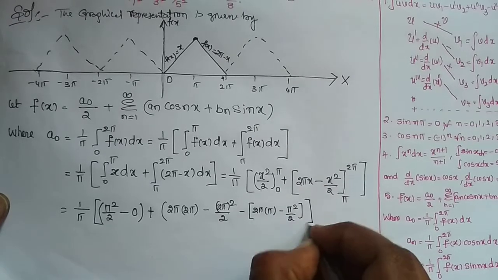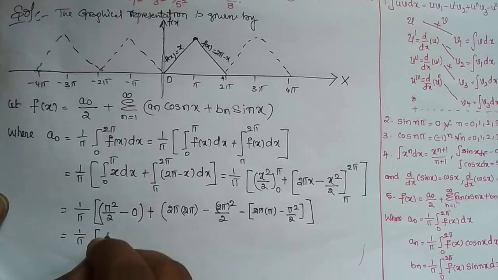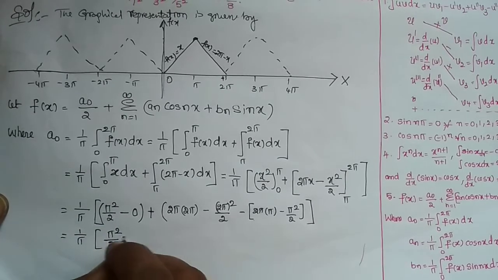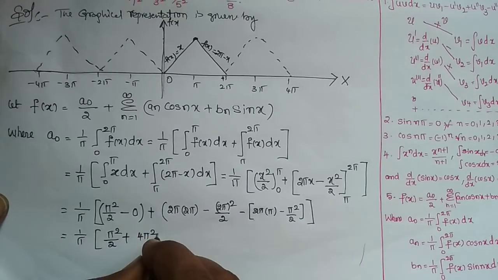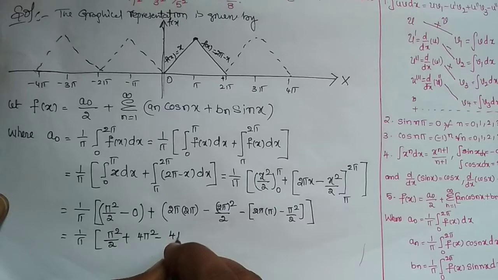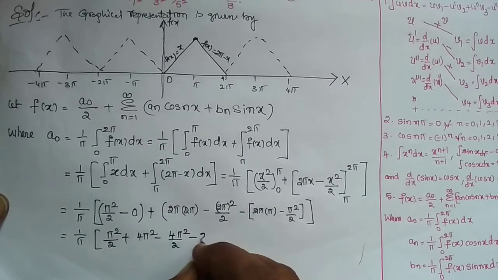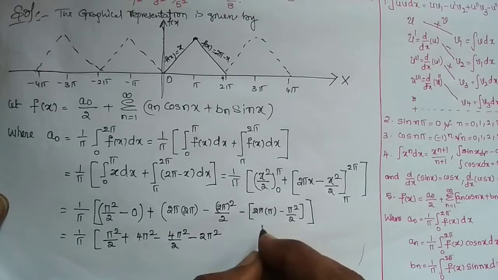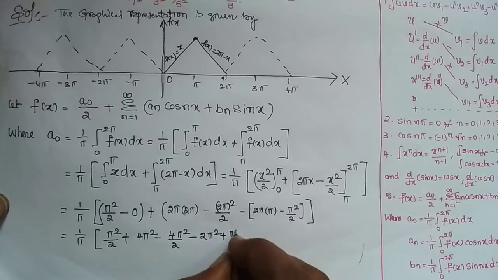Now the simplification: 1 by pi into pi square by 2 plus 4 pi square minus 4 pi square by 2, minus 2 pi square, plus pi square by 2.